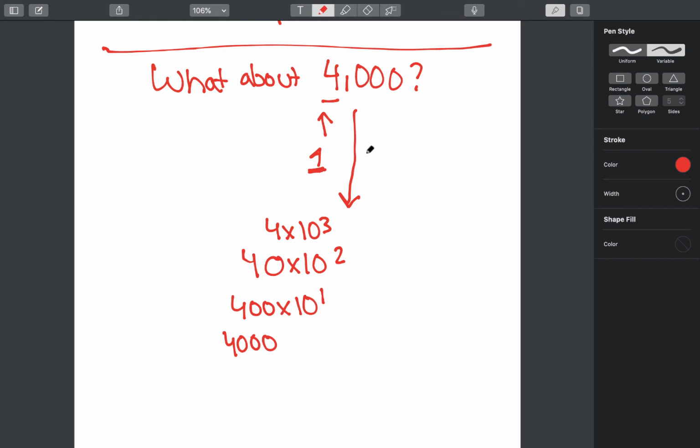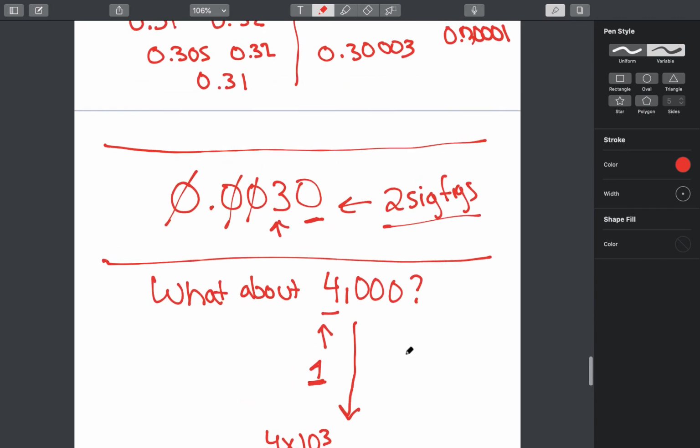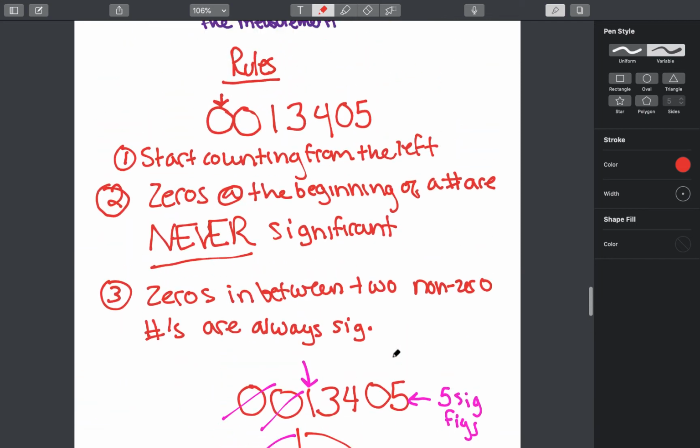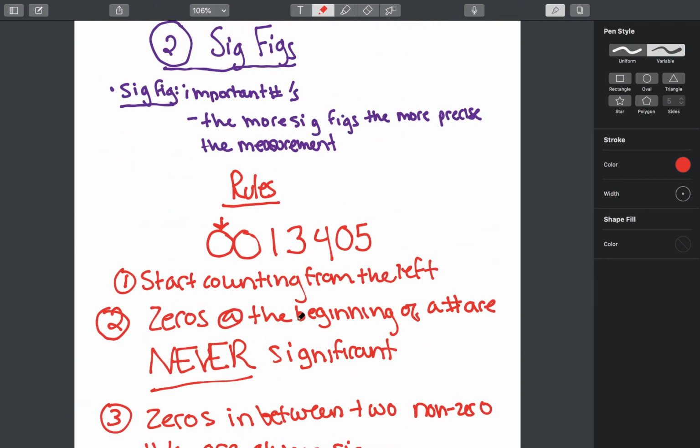So once again, let's review all these rules one more time. You always start counting from the left of the number, towards the beginning of the number, and you start officially counting at the first non-zero integer. So in this case, you would start counting at the 1.